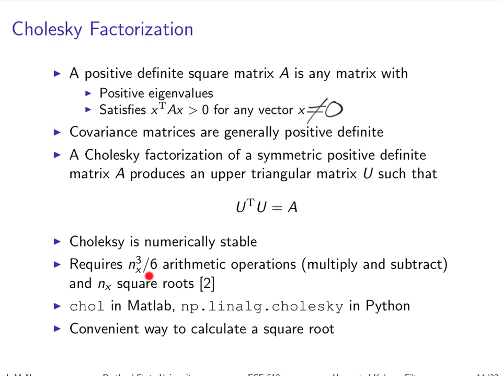It requires nx cubed over 6 arithmetic operations, multiplications and subtractions, and it requires nx square roots. So it's pretty efficient as algorithms go for calculating the square root of a matrix. I don't know why you'd use anything else. In MATLAB, this is chol, and in Python, it's apparently given by that. I haven't used it, but I looked it up. It's a really convenient way to calculate a square root for the type of matrices that we're working with.